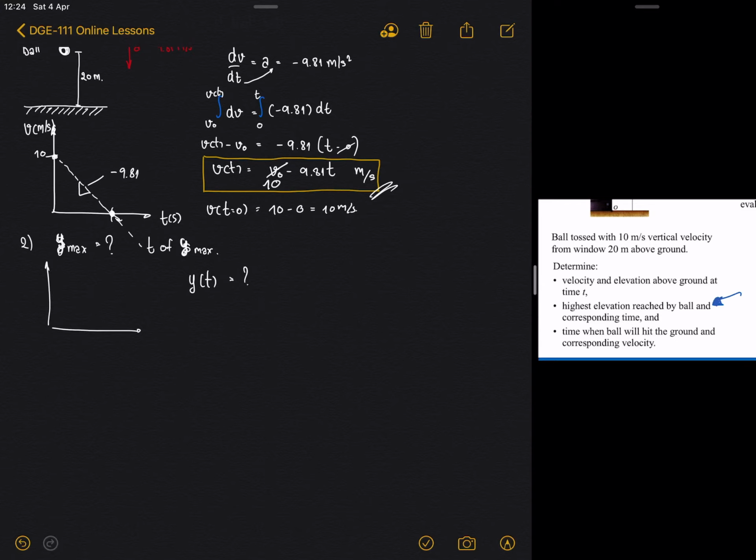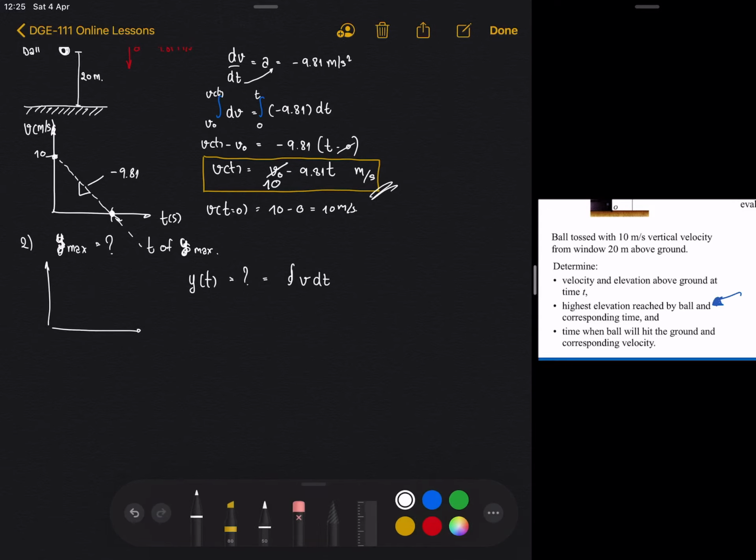This yt is equal to the integration of velocity, right? Okay, and if you integrate this, then maybe we shouldn't, let me erase again.